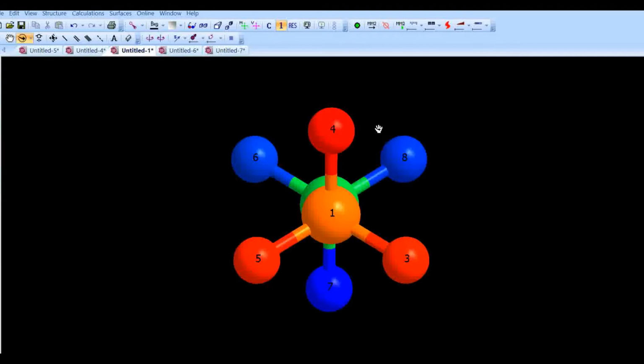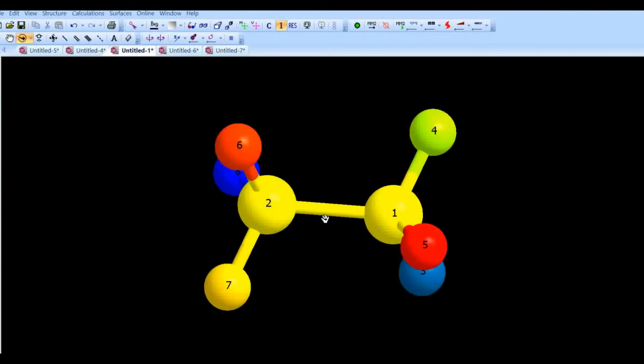So there will be three such axes, one exactly in the middle, then one between 4 and 6 and 3 and 7, and the other one between 4, 8 and 5, 7. So that way you will have a C3 axis as principal axis and three C2 axes in this plane, and all these three axes are perpendicular to the principal axis.